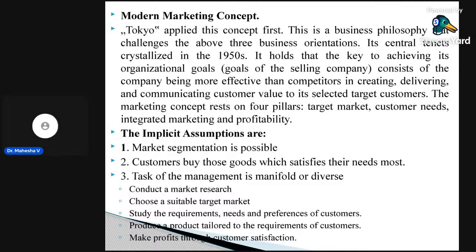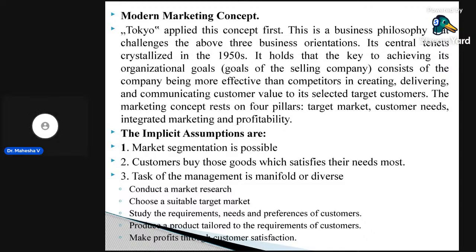They are ready to bear whatever price the company fixes. They are most conscious of and give care towards quality.